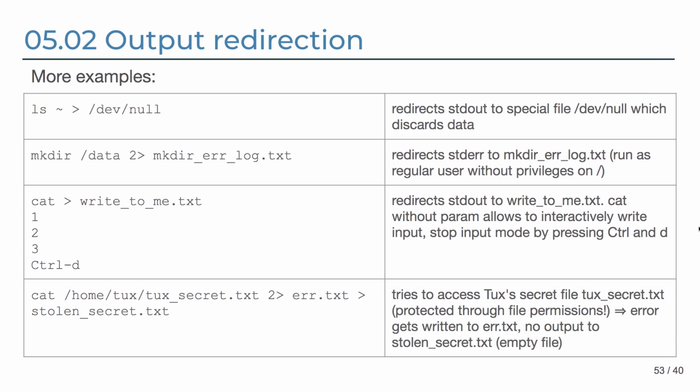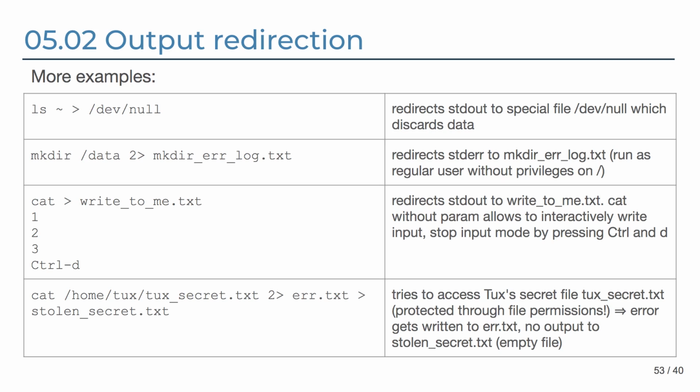Right, as I said, there's also the option to direct two streams at once, where you direct the error stream into one file and the standard out into another file, which can be handy, for example, if we have again the scenario where Celine wants to steal Tux's secret, and so this is Celine running now.